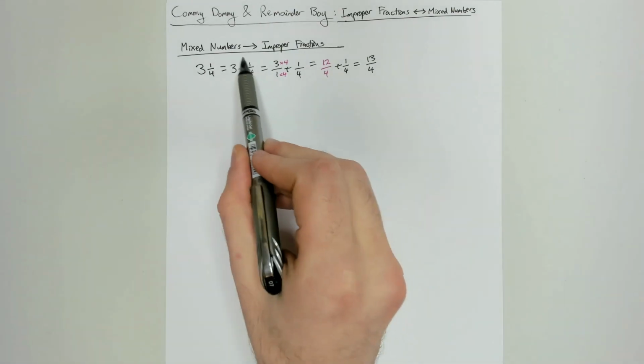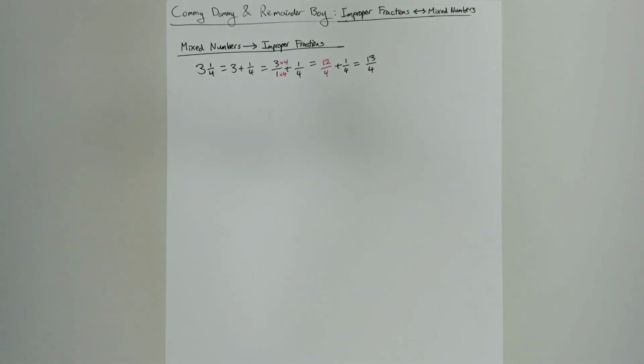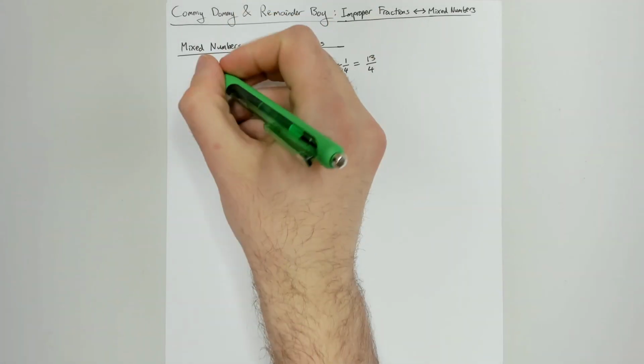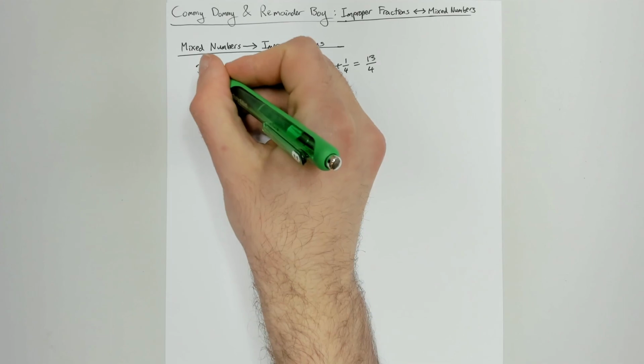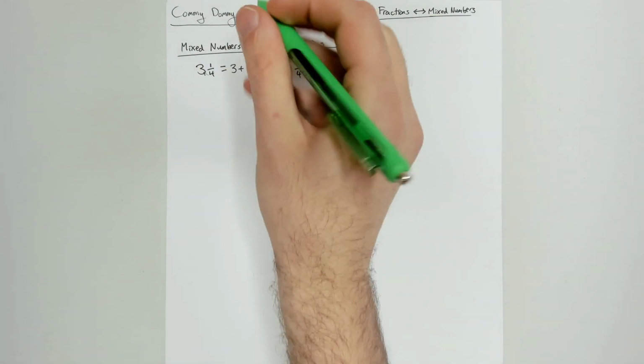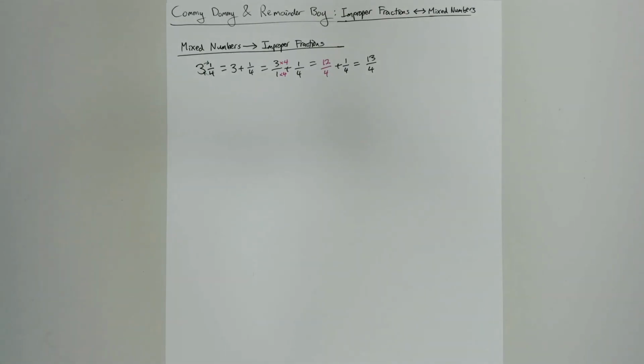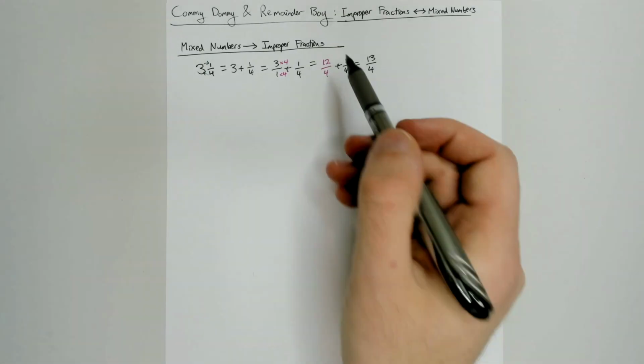We just split it up into its addition form and then did the addition to get our improper fraction as the result. Now some of you may learn a little trick where you take the 4, multiply it by the 3, and add the 1. Indeed, 4 times 3 is 12, plus the 1, we get 13. But that process comes from doing this.